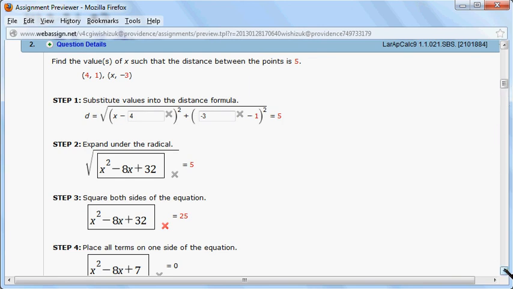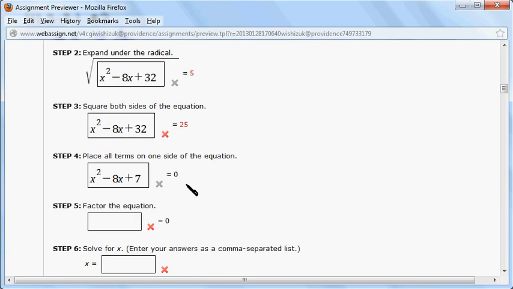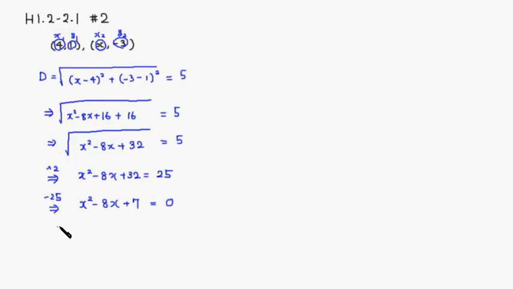Then let's factor the equation. So factor it out. So maybe you write it down here. If you factor this out, you have x minus 1 and x minus 7. Would that work out? If you multiply negative 1 and negative 7, you get positive 7.